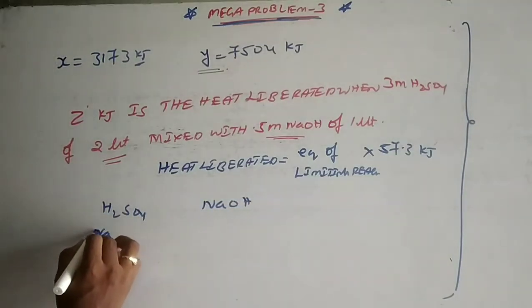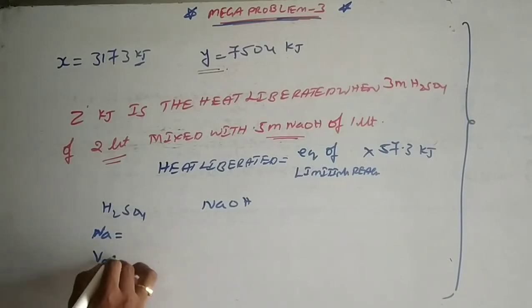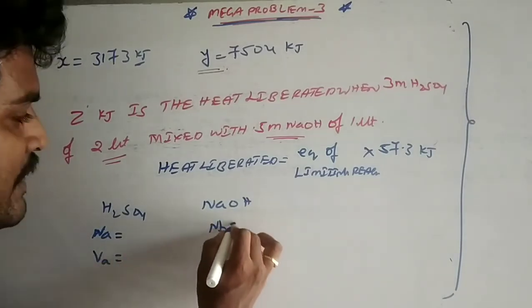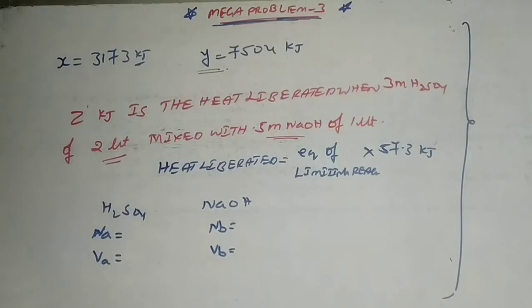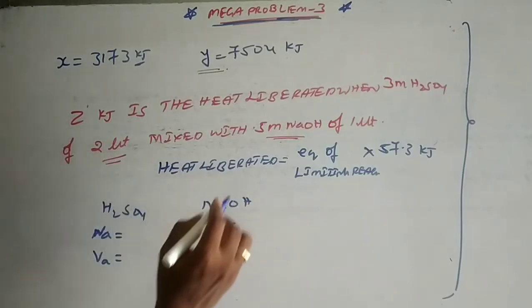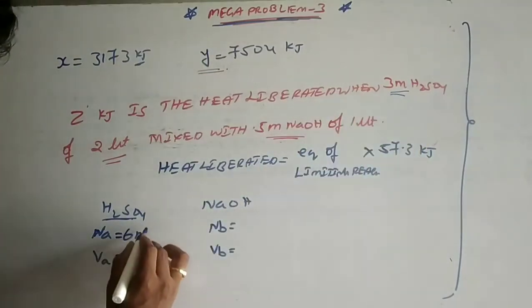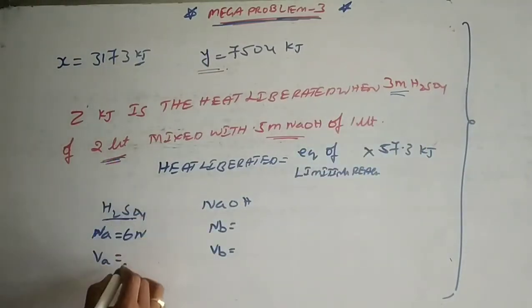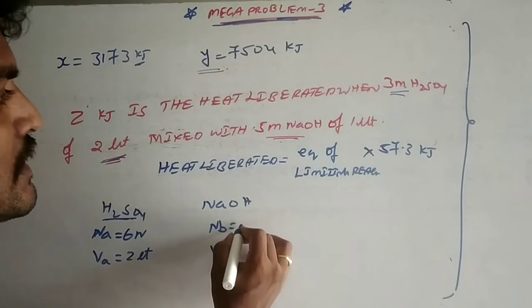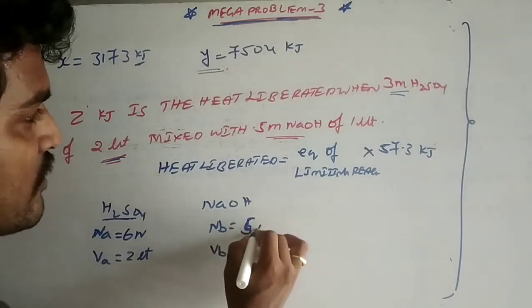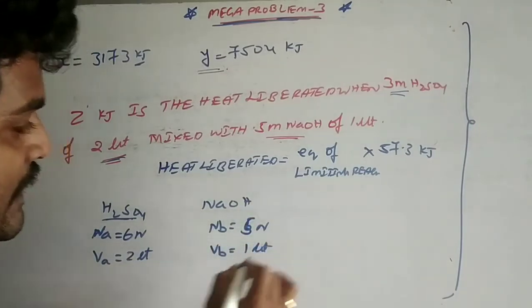Let normality of acid be Na, volume of acid Va, normality of base Nb, and volume of base Vb. Now for H2SO4, they have given molarity, so normality will be 6 normal, volume will be 2 liters. For the base, it will be 5 normal and 1 liter.